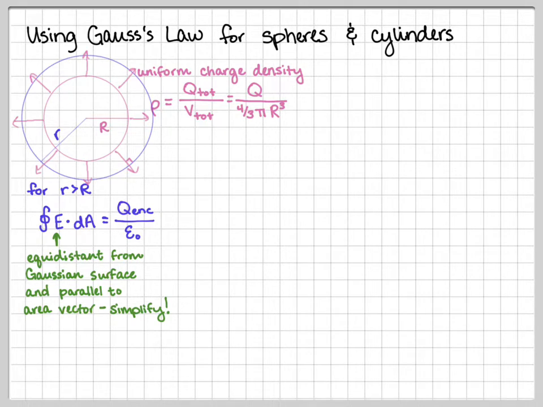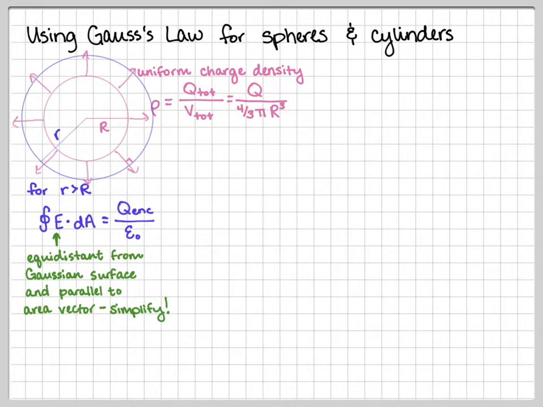You can pick whatever shape balloon you want, but you want to pick a balloon so that the surface of the balloon is equidistant to the surface of the object, so that the electric field lines will poke through the balloon at a right angle. But a mathematician will say that the electric field lines are parallel to the area vector.